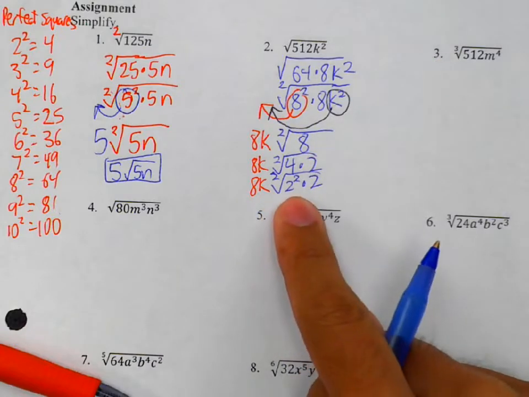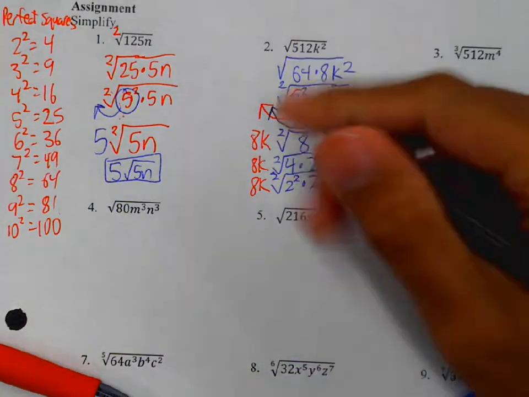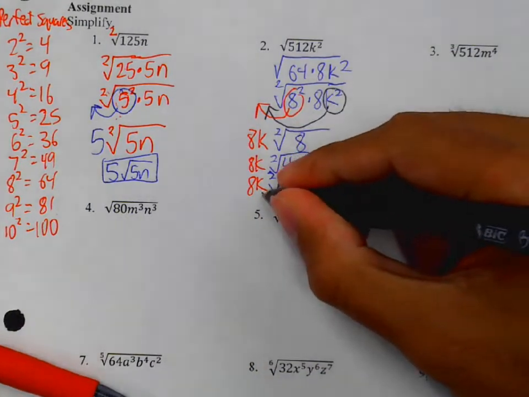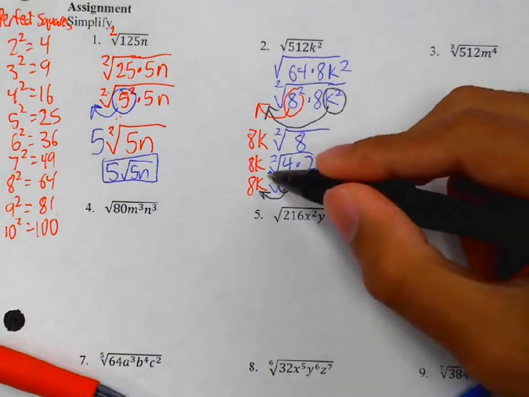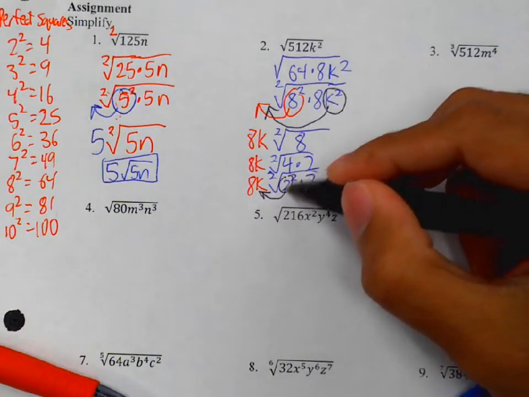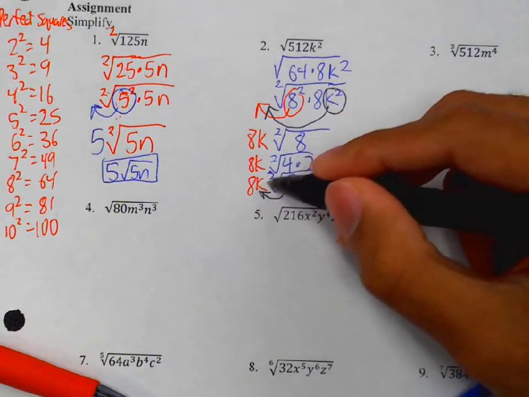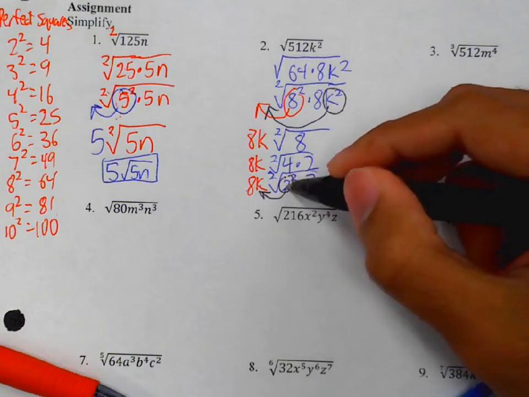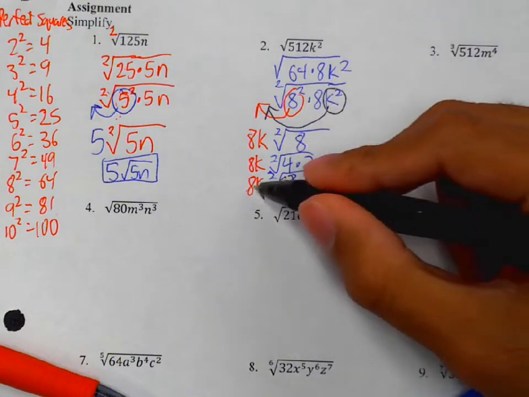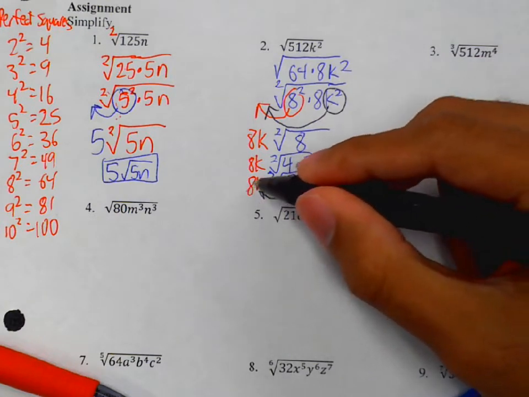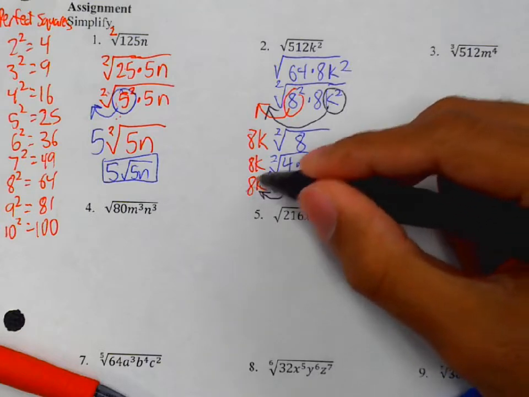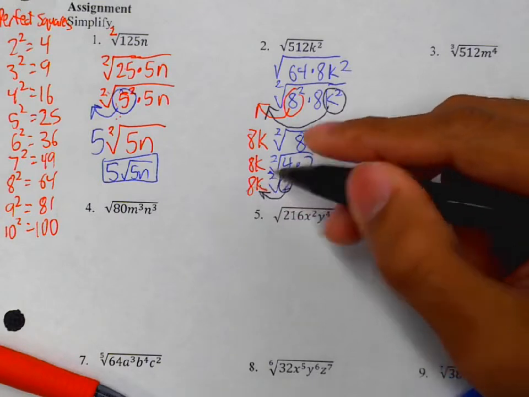Okay, so I can take this base of 2 outside to join the 8k. So when you take a new term outside, it multiplies what's already there. So 8k times 2 is 16k. You do not distribute it to both the 8 and the k because the 8k is all one monomial. There's no plus or minus going on.